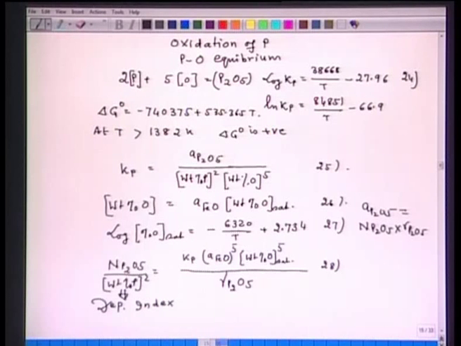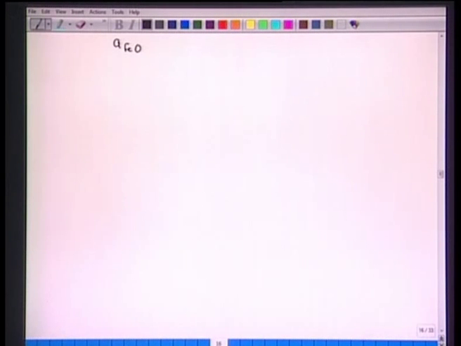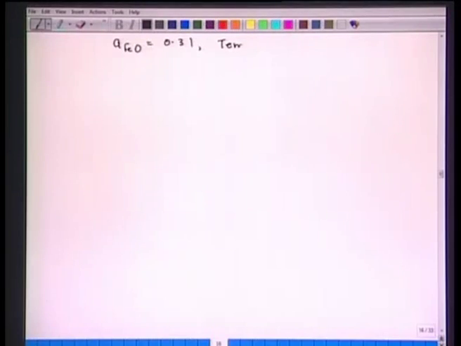Now, let us consider a situation. For example, consider activity of FeO equal to 0.31. That means we have created a slag which has activity of FeO equal to 0.31. Let us consider temperature equal to 773 Kelvin.